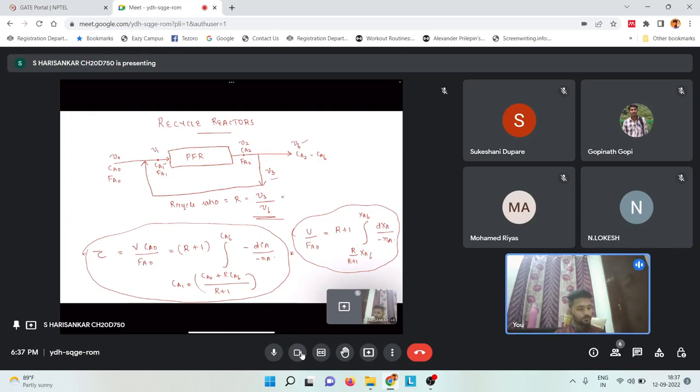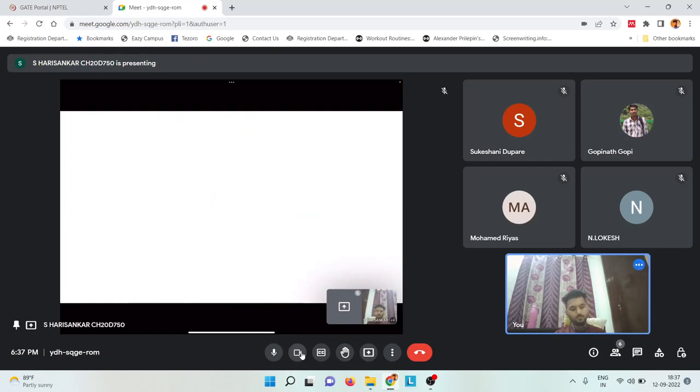Okay, one more thing I think we should learn before we move on: variable volume systems. The thing about questions from CRE for GATE is that they touch a lot of multiple concepts, so you need to know and remember multiple concepts when you try to solve these GATE level questions.